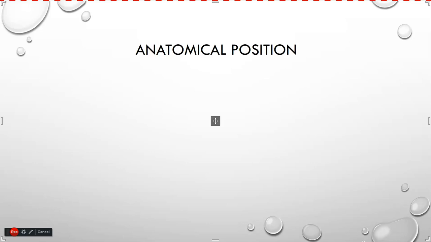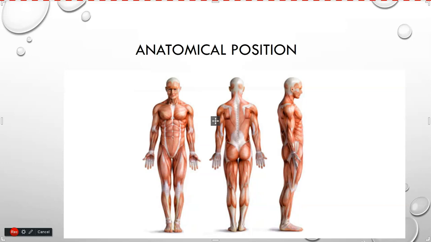So what was adopted was something called the anatomical position. Here you see it in the diagram. It is a body that is erect with the palms faced forward and the toes flat. So when we are talking about something, it is always from this position.